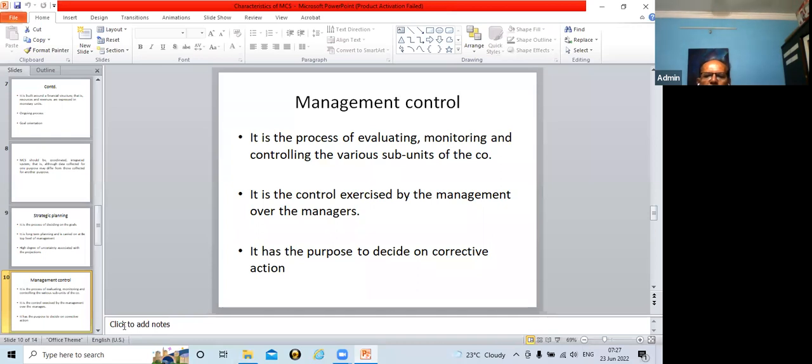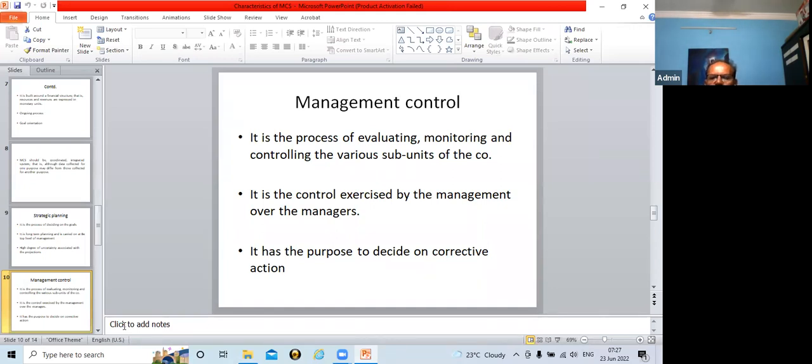Please do remember, always, whatever plans are made by top management, do not be under the impression that all plans are 100% correct. Sometimes most of the plans have to be corrected because there may be some loopholes, some steps which are avoided while designing the strategy.